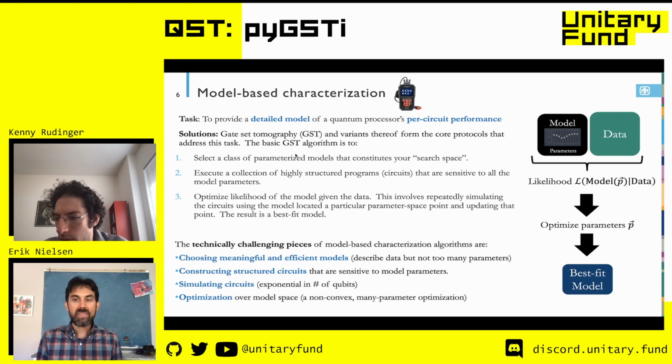And then optimizing the space. Once you've done all of this, optimizing over a high dimensional parameter space, a problem that's non-convex, that's hard. So these are all reasons why pyGSTi exists, why it's useful, and why you don't just want to implement it all yourself.